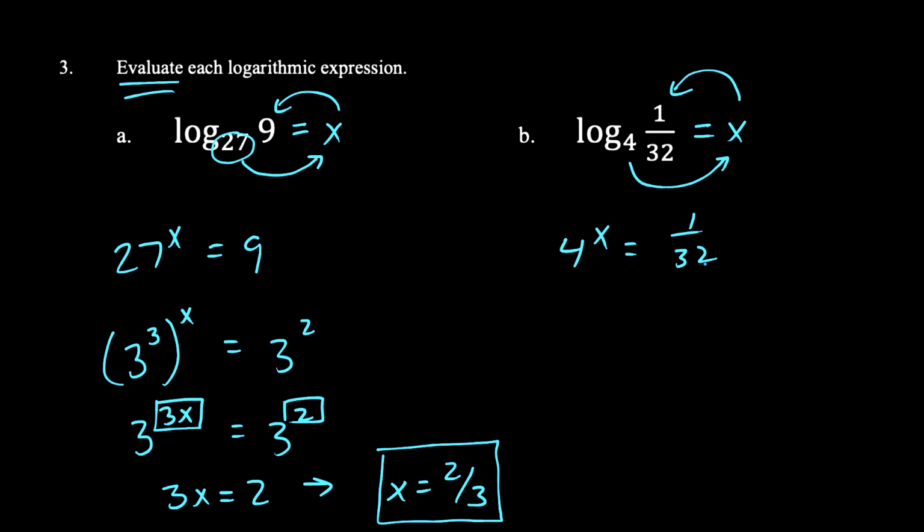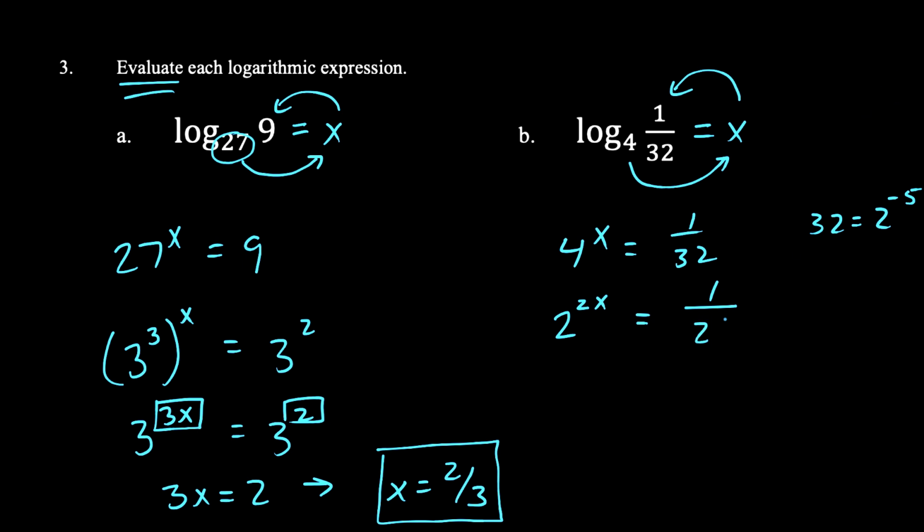So we can think our way through it, or we can reduce them both as much as we can. We know that 4 can be written as 2 squared, and then it's to the power of x, so we can say that is 2 to the 2x. 32, we should know, is equal to 2 to the 5th. It's always nice to have a little chart written down of the powers in case you forget.